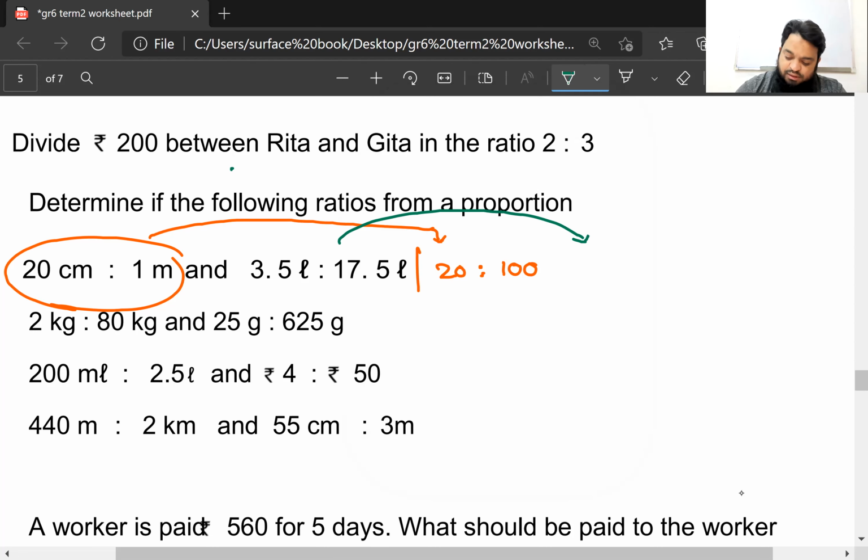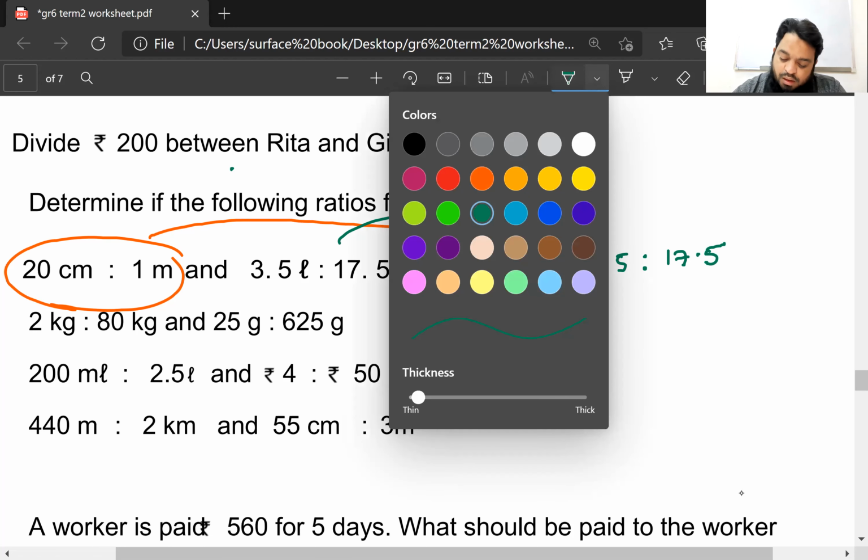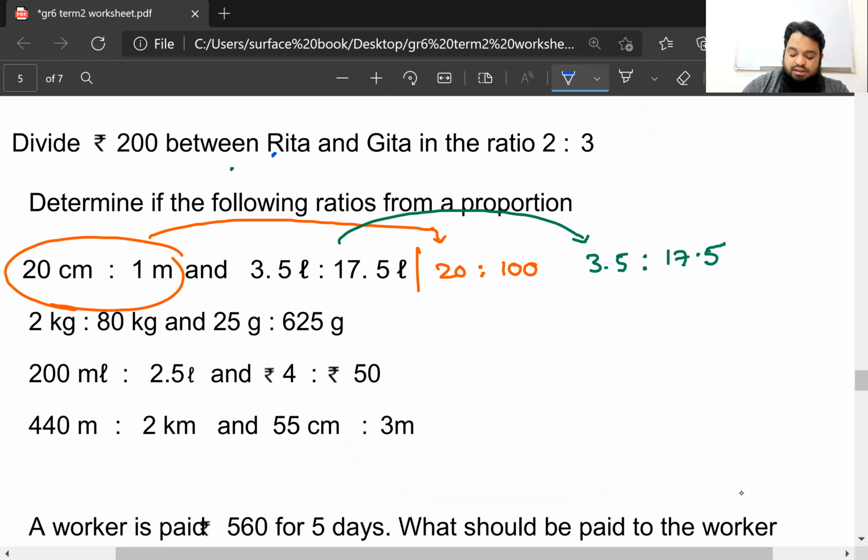What is it actually? 3.5 liters, so 3.5 is to 17.5. Now let us see the simplest form. Tens and tens cancel, 2 ones are 2, 2 fives are 10, so this is 1 is to 5.